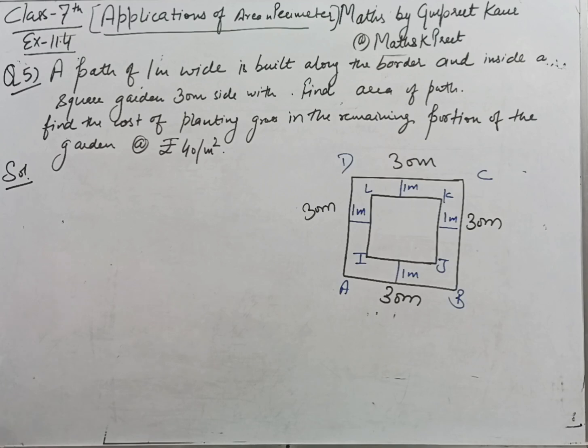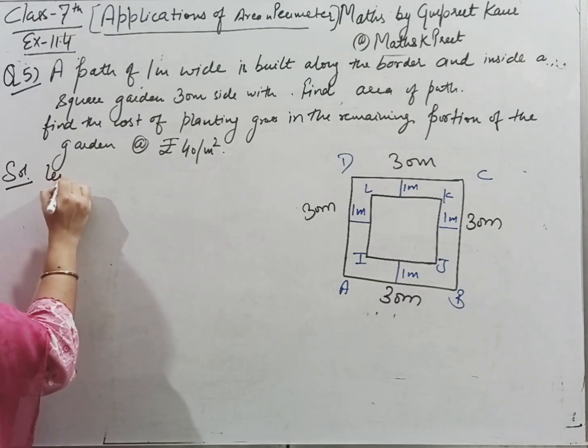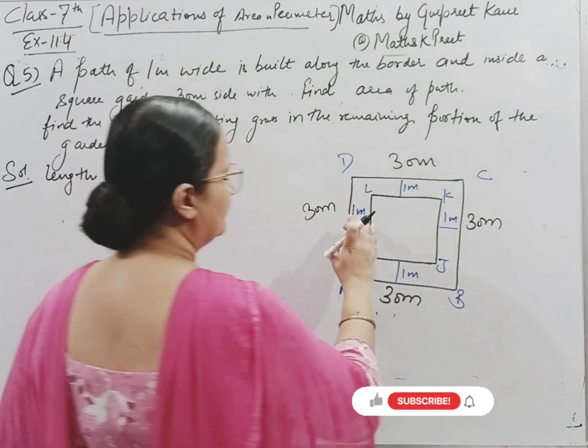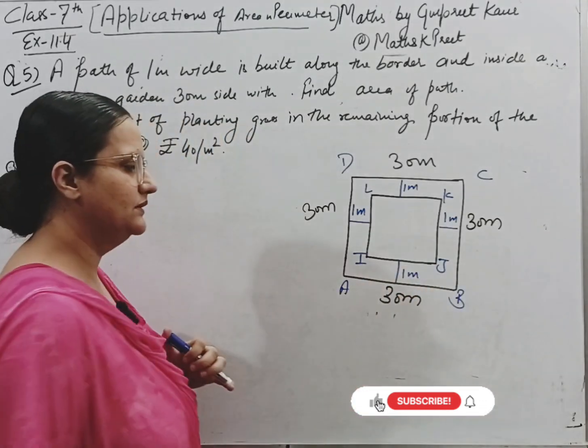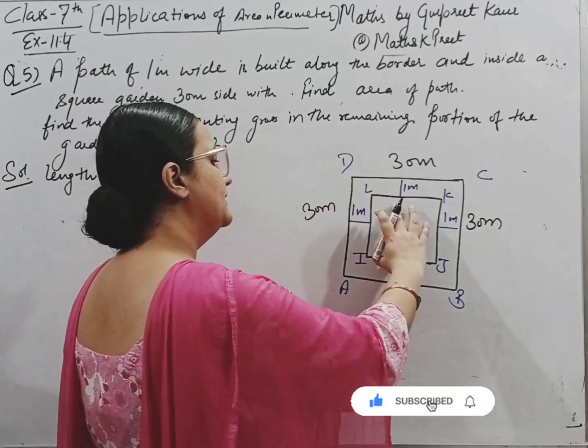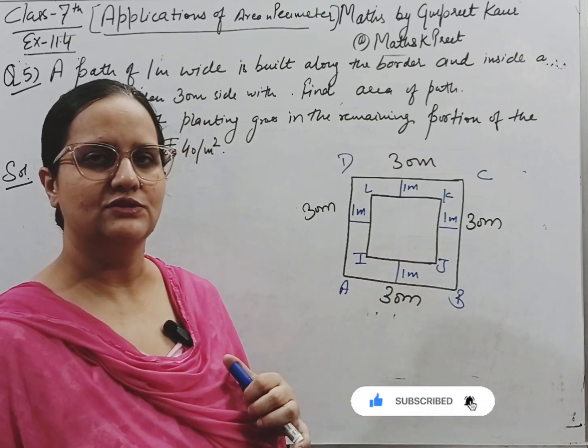So this is a square figure. To find the area of path, first let me write the length and the breadth of both the square figures. When I am drawing a 1 meter path along the border and inside the garden, ultimately the figure inside will be a square again.